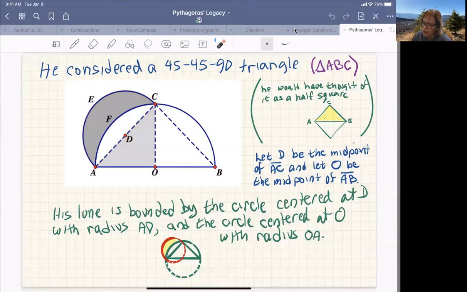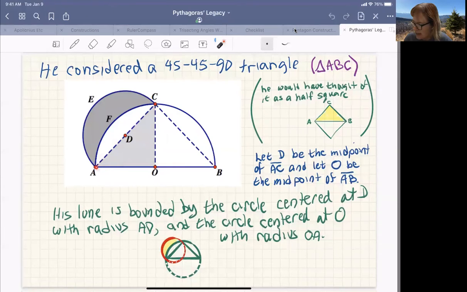Next, he drew a circle that was centered at the midpoint of the hypotenuse. And what's the radius of the circle? It's the distance from the hypotenuse of the triangle to the opposite vertex of the triangle.